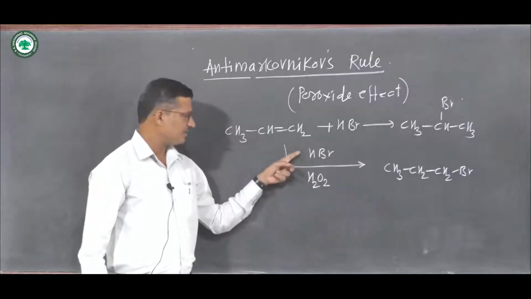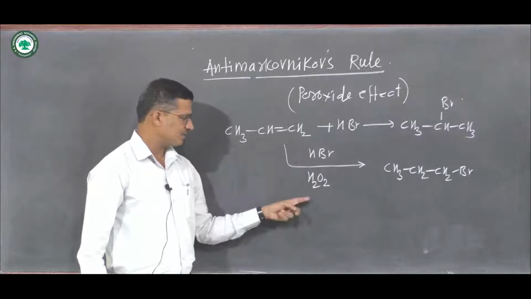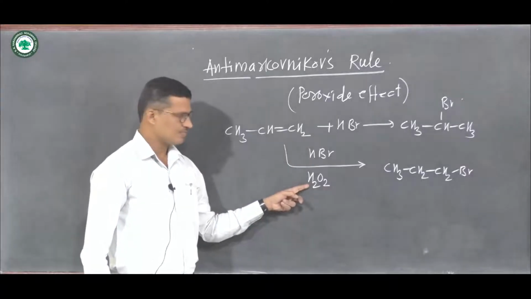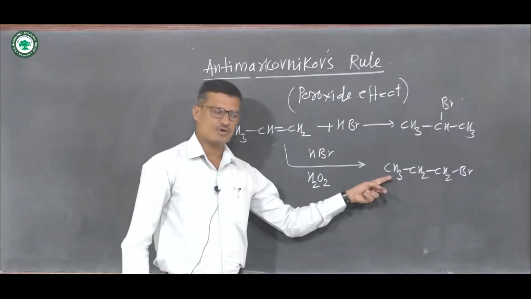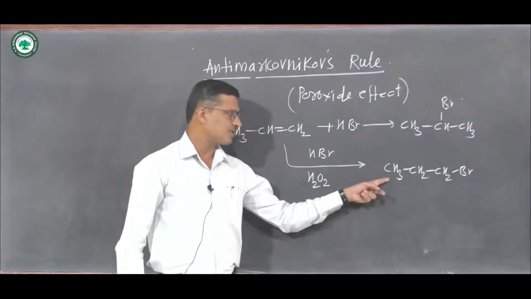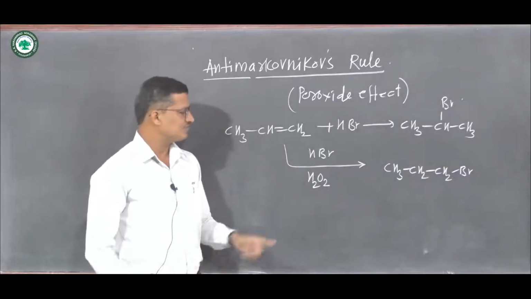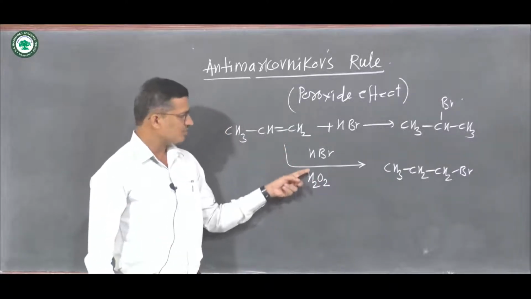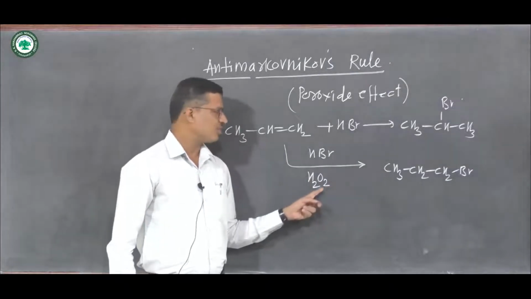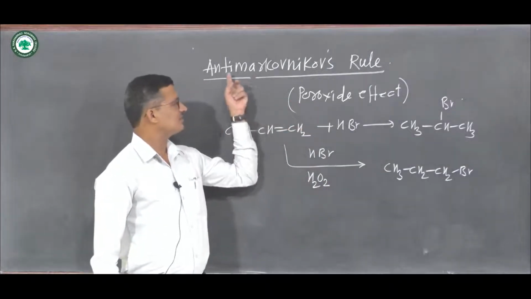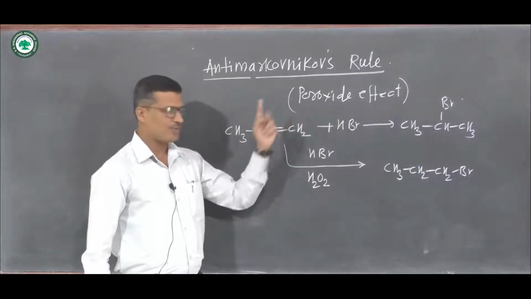But when you take the same starting compound and add HBr in presence of H2O2, the product is different, and we get 1-bromopropane as the major product, and this reaction is according to the Antimarkovnikov addition. So due to the peroxide we get a different product, and that's why Antimarkovnikov addition is also called the peroxide effect.